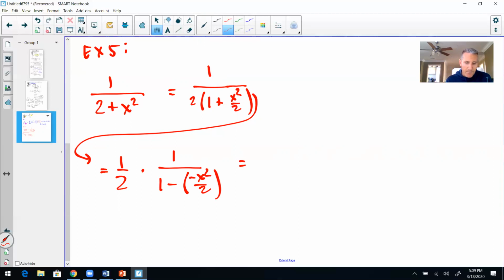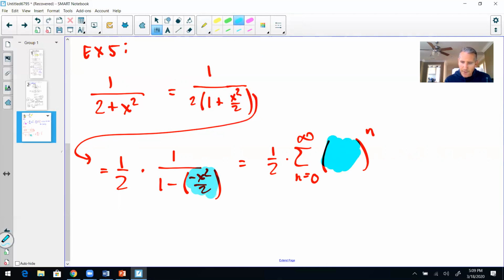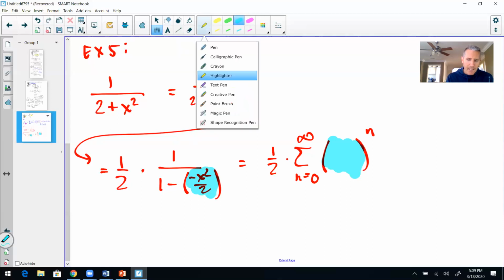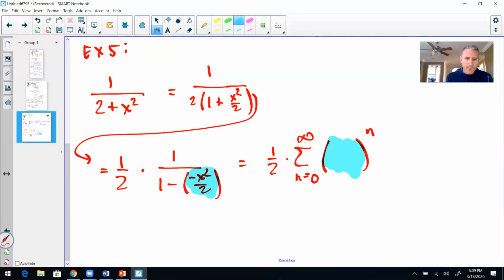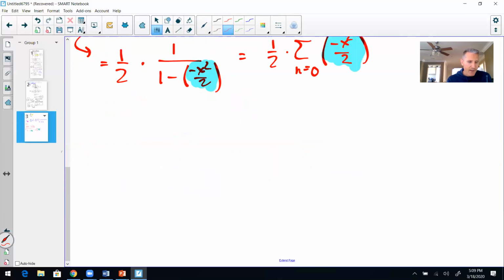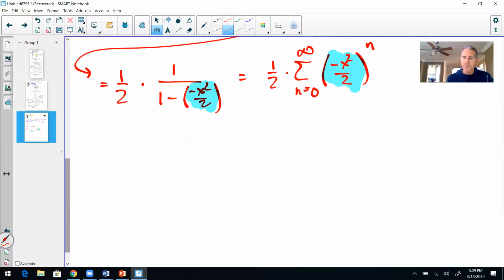This looks like 1/2 times the summation as n goes from 0 to infinity of something to the n power. What's that something? Well, whatever's inside there is going to go right there. So what is that? Negative x squared over 2. I wouldn't leave it like this because that's a little bit sloppy in terms of the notation.